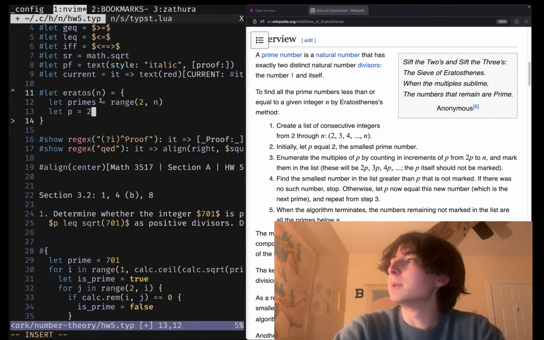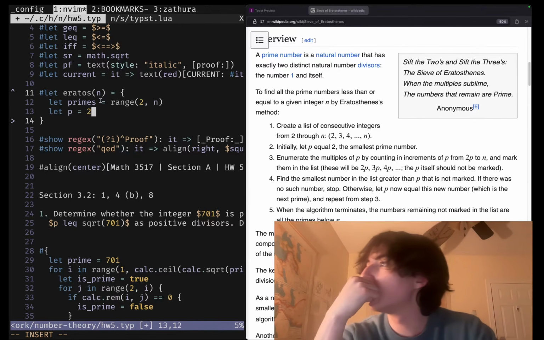Mark them in the list. Find the smallest number in the list. Okay, enumerate the multiples of p.